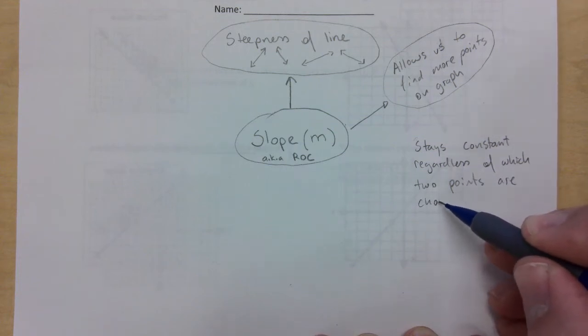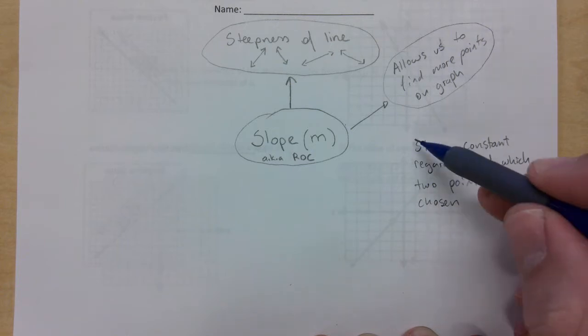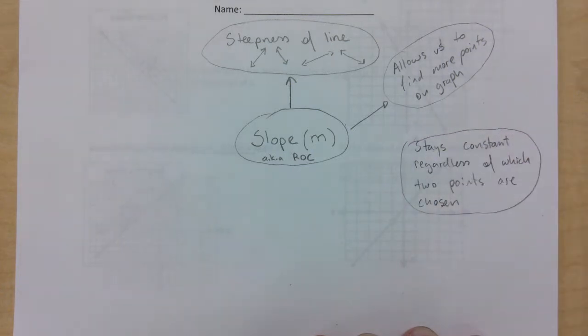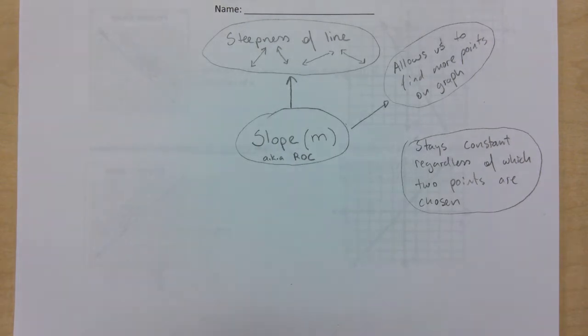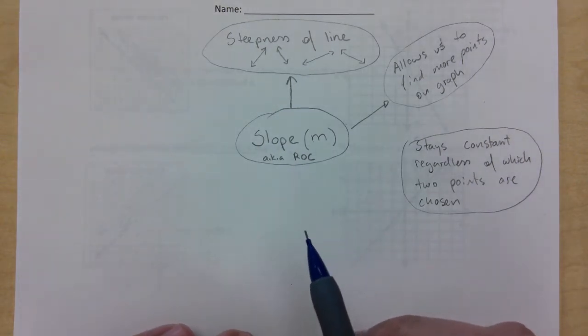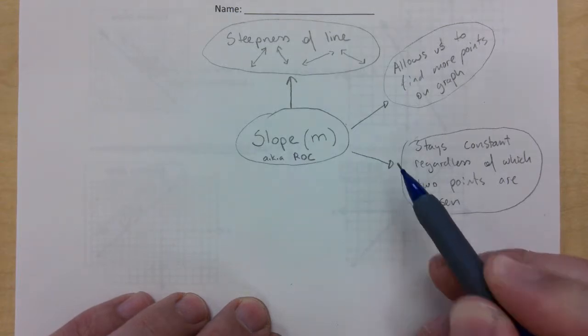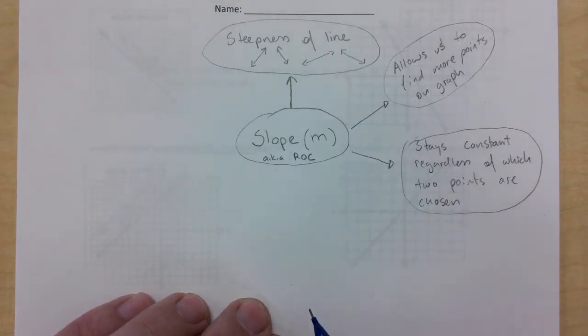So it doesn't matter which 2 points you choose on the line, you will always end up with the same slope. Sometimes it won't look like it right off the bat, but if you reduce that fraction, you will get it. So remember, slope is rise over run.